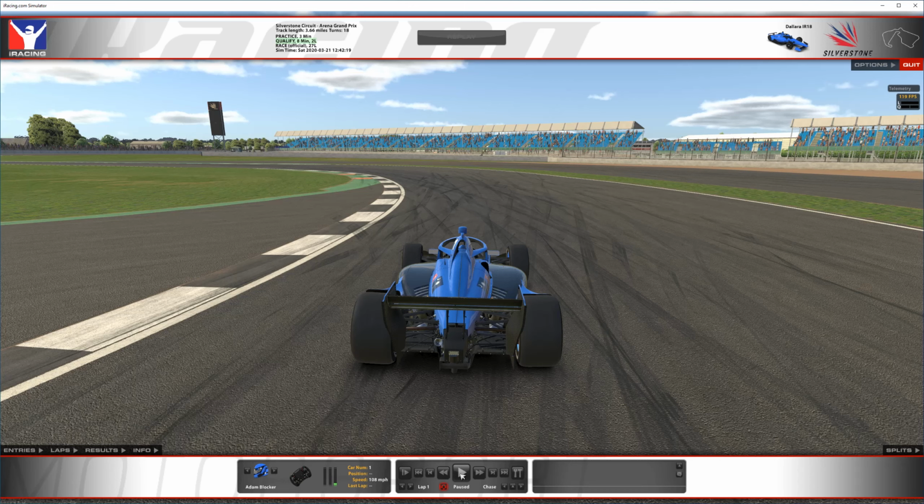High speed is more of an aero effect, and the same thing even goes with braking. You can have different braking characteristics when you're braking at 70 miles an hour than at 160 miles an hour.